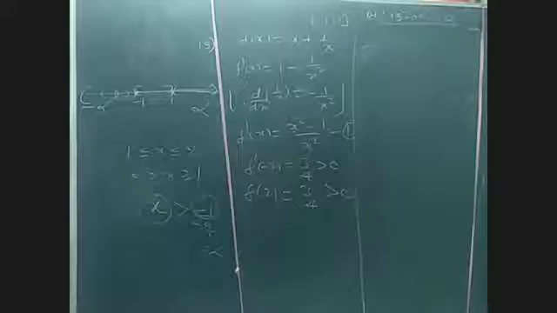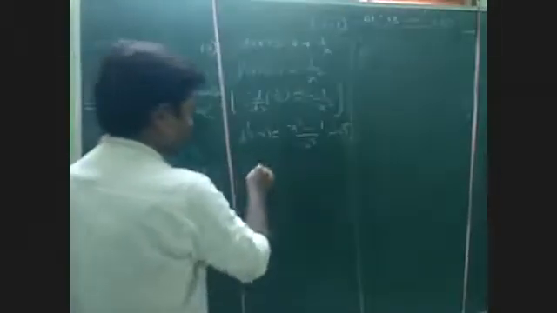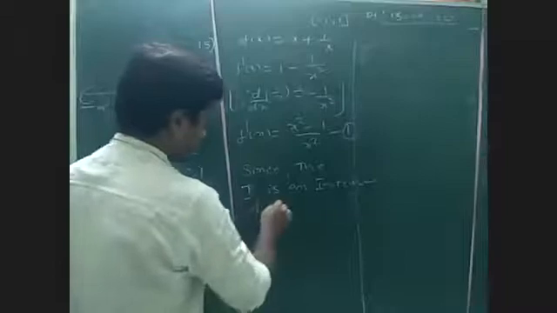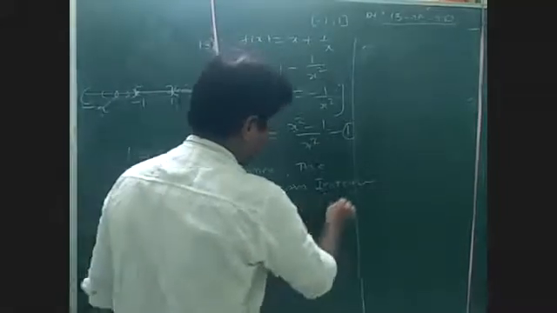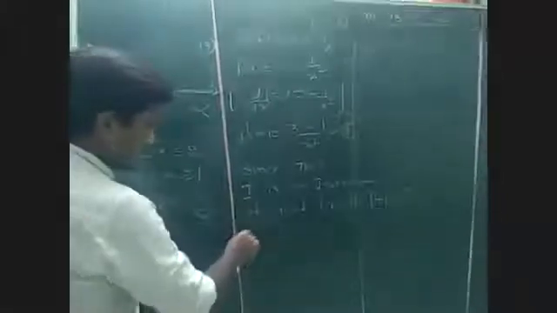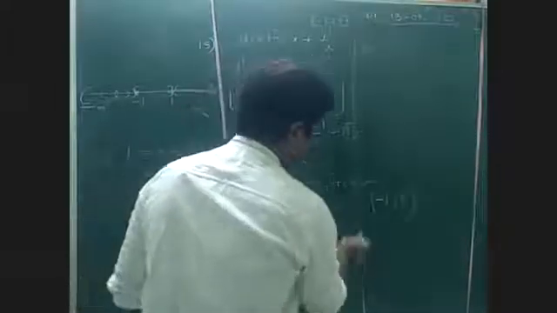Here we'll write very clearly. Since the interval I is an interval disjoint from the closed interval -1, 1, f dash of x is greater than 0.